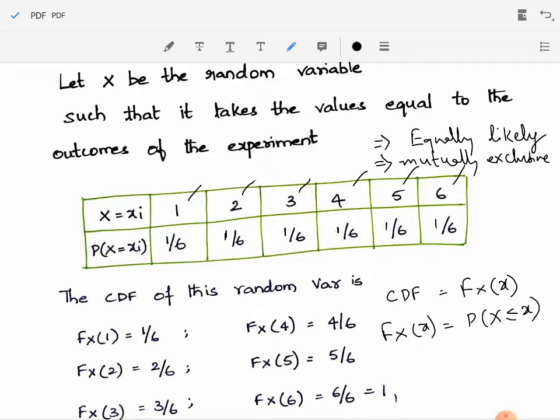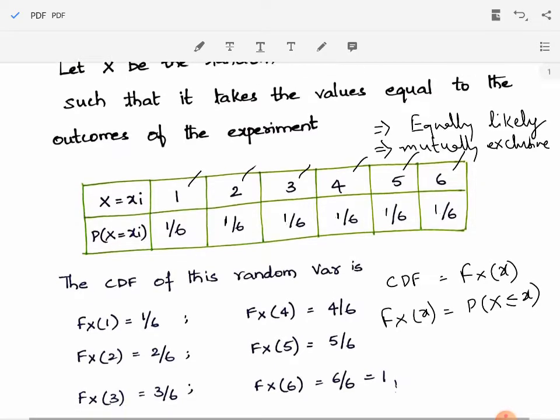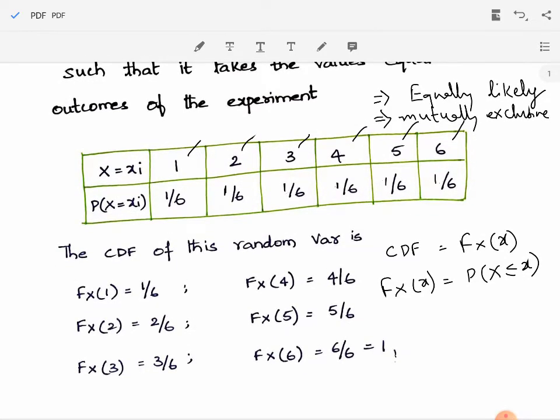So FX(1) will be 1 by 6, FX(2) is equal to 2 by 6, FX(3) is 3 by 6, FX(4) is 4 by 6, FX(5) is 5 by 6 and FX(6) is 6 by 6, which is equal to 1.